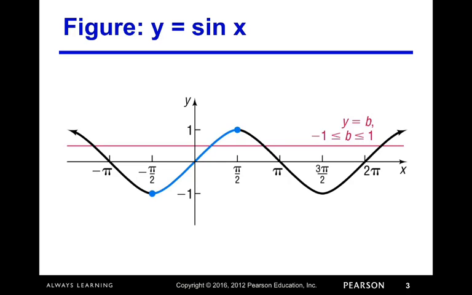It covers the whole range of the sine function from negative 1 to 1. There's nothing left out of it. And so that's the reason we restrict the domain of the sine and cosine functions when we're finding the inverses. Okay? So we go from negative pi over 2 to pi over 2, which is quadrant 4 and quadrant 1. That is where we look for the answers when we're using inverse functions.